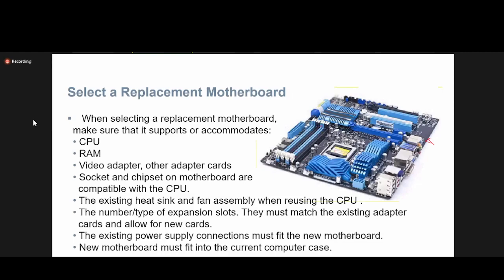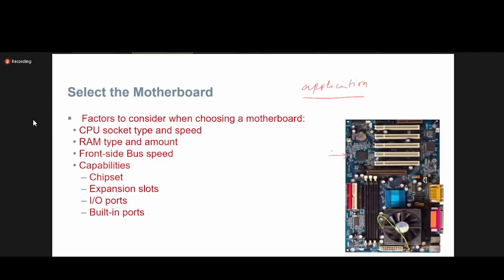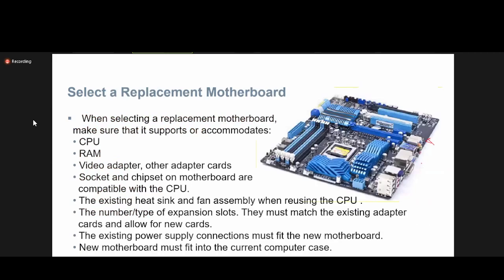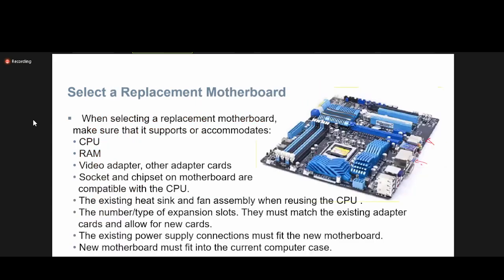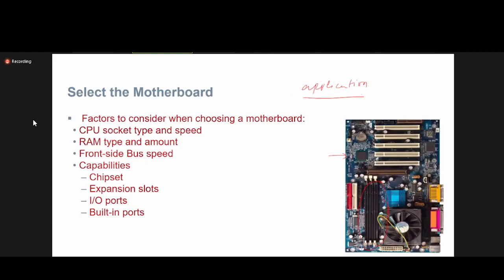So when you're replacing, let's suppose you have this kind of motherboard and you're replacing it with this one. What do you have to consider? You have to consider that the memory you have there is compatible with the memory you're going to install in the new motherboard, and that the CPU is also compatible with the new motherboard.